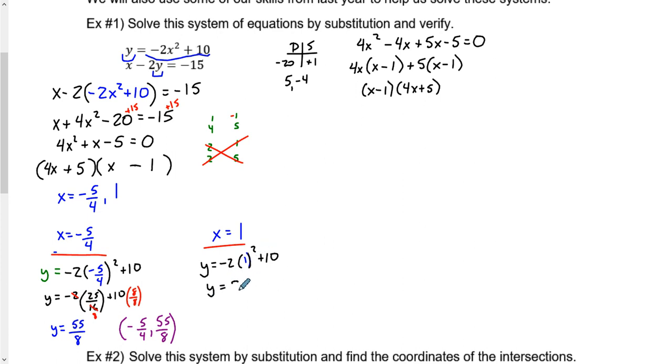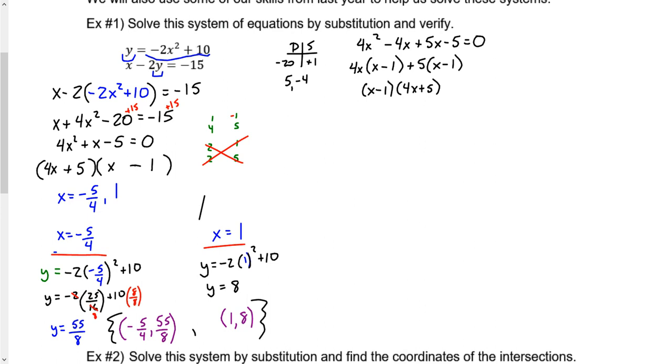Add 10 is 8. So the coordinates here would be 1, 8. Now just to verify, this just solved for our coordinates. Essentially, this is what our answer is. That's where this parabola and this line would be crossing.